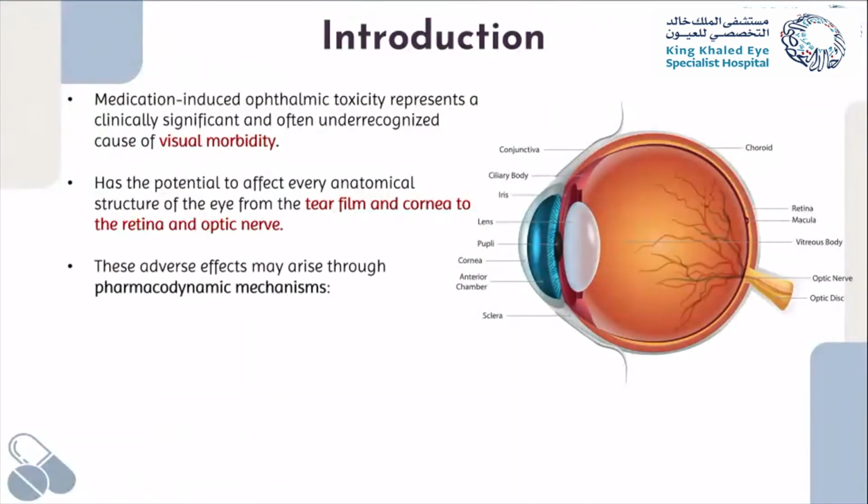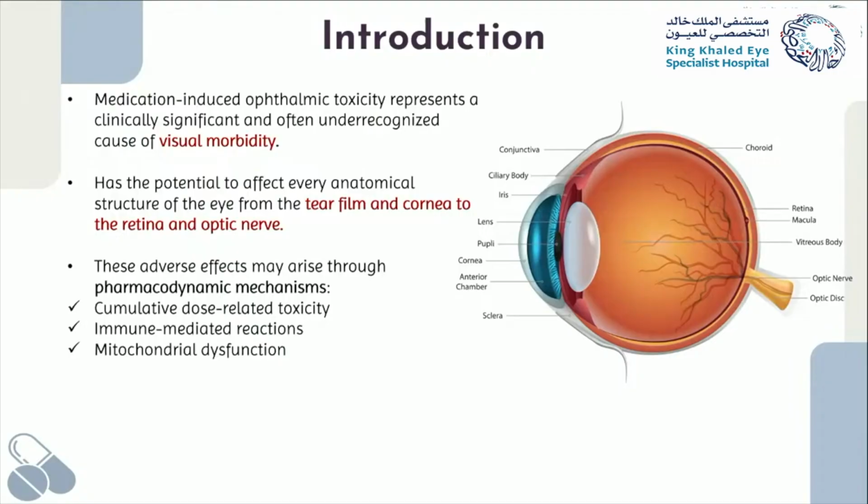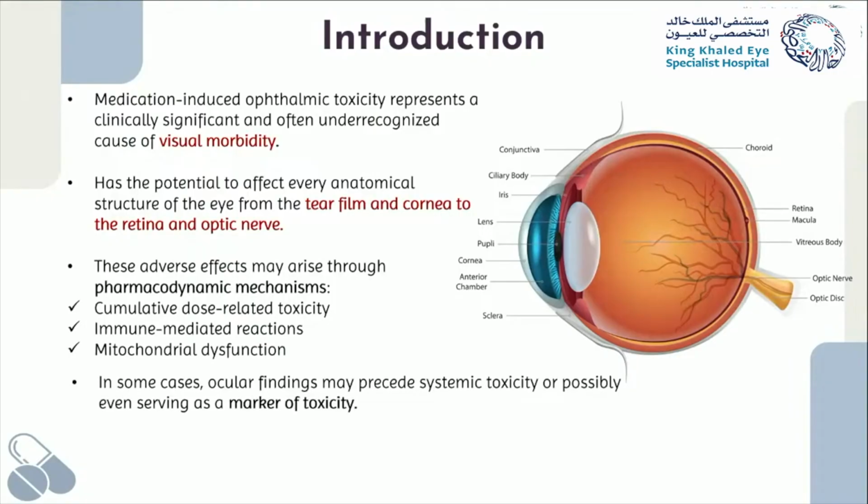The adverse effects from these medications have dynamic mechanisms. They can be due to dose-related toxicity, immune-mediated reactions, or mitochondrial dysfunction. In some cases, these toxicities may precede the systemic toxicity, so they may be a marker or a sign of systemic toxicity.